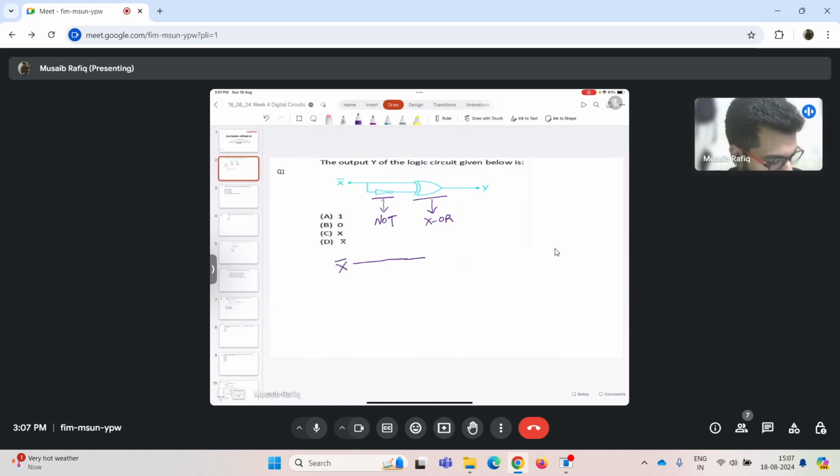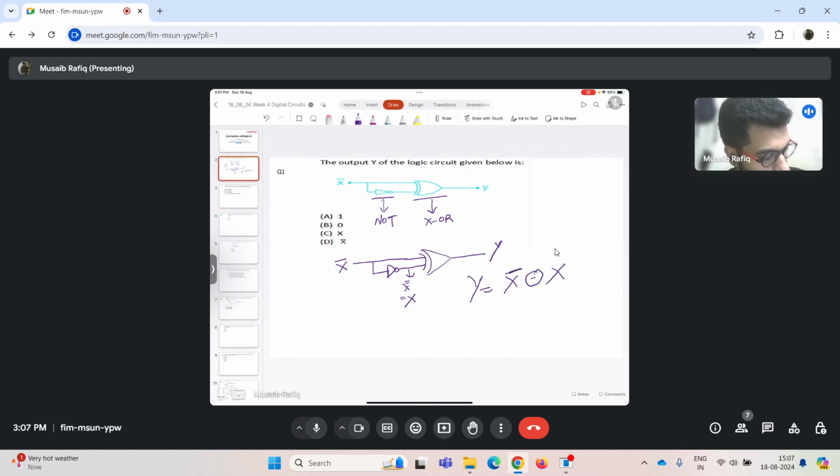That goes to one of the inputs of the XOR gate. And its other input is the complement of X bar. So here this will be X bar bar, that is simply equal to X, and this is Y.